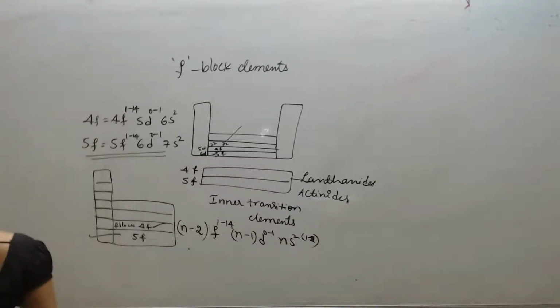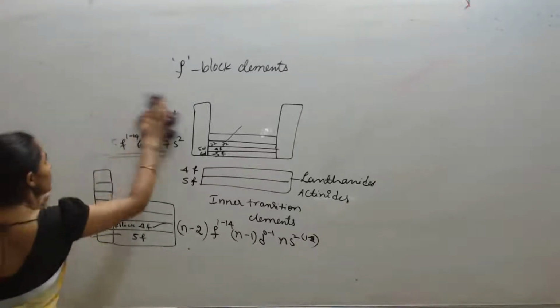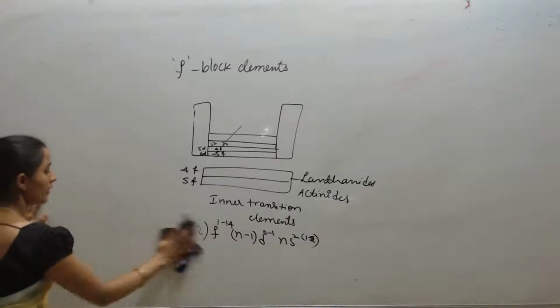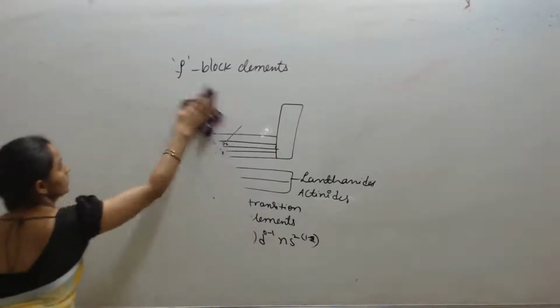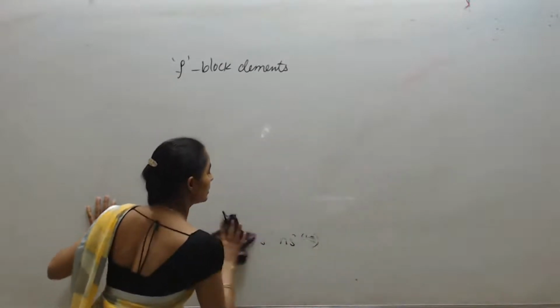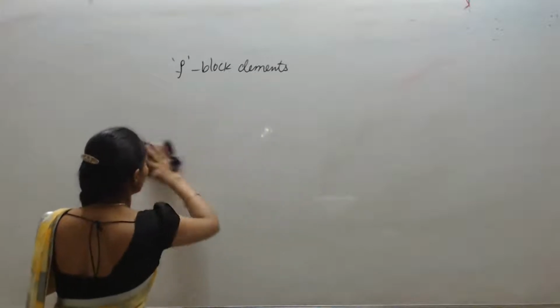Next, one by one we can see the elements of the 4F series, that is, lanthanides. A total of 14 elements are there in the F block.